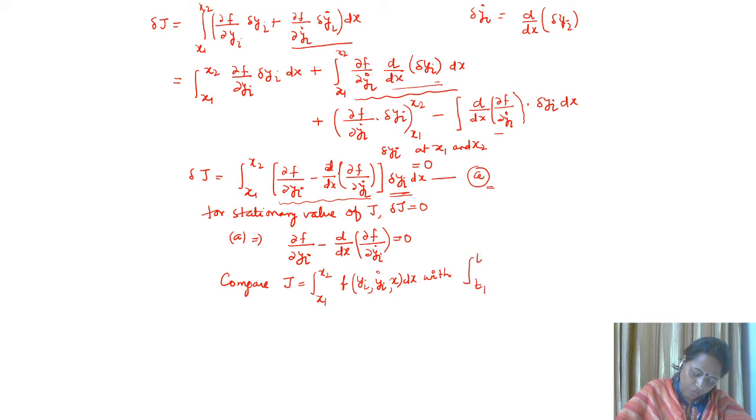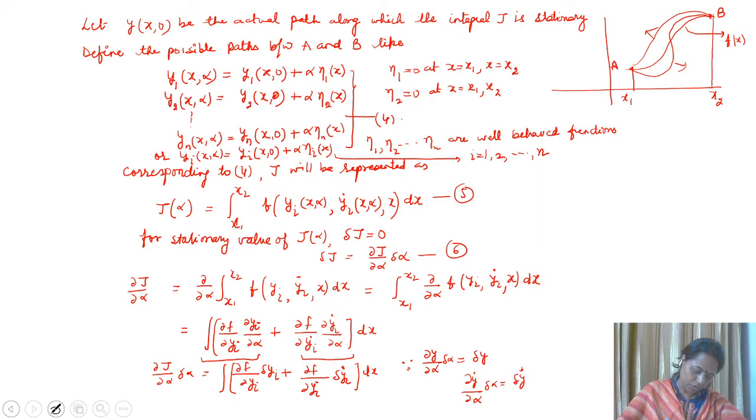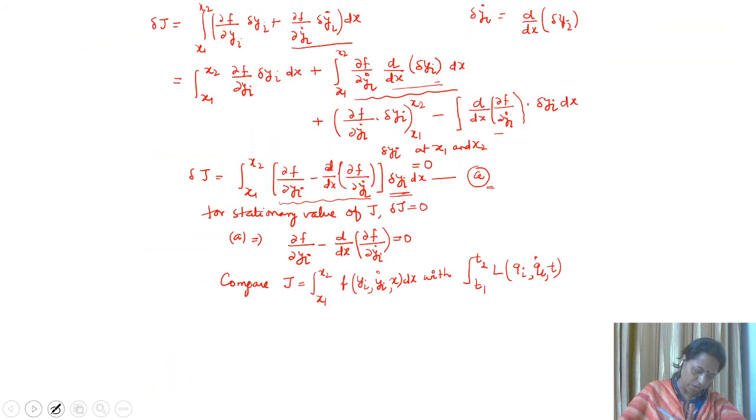This is t1 to t2 of L of qi, qi dot and time. What will happen? I think the equation number 6 was that, so this becomes 7 and 8. This is 7 and this is 8.